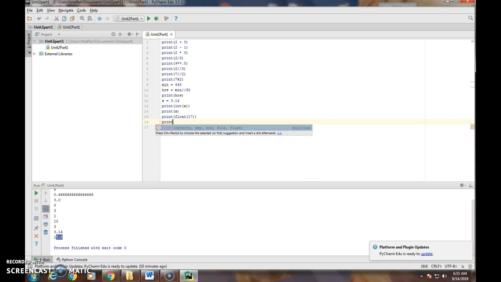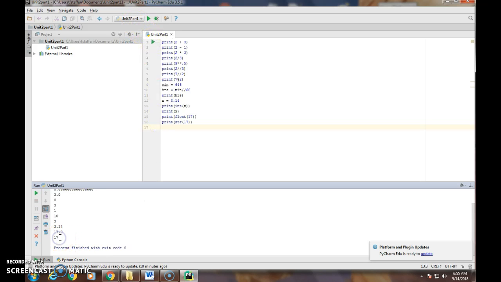Remember, strings just represent words, so if I did something like this, I want to convert this to a string, and it does 17. It's actually the word 17, like the symbols. Even though you think it's the value, it's actually just like if somebody's name was 17.